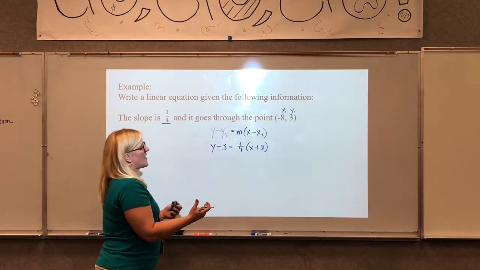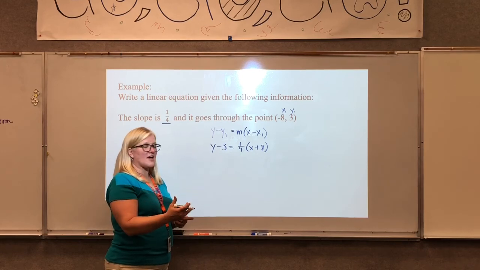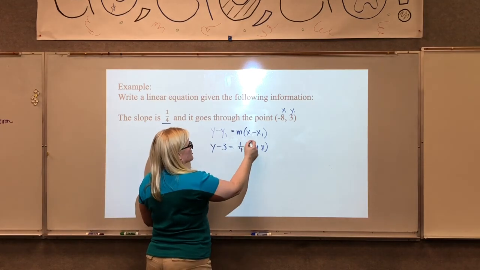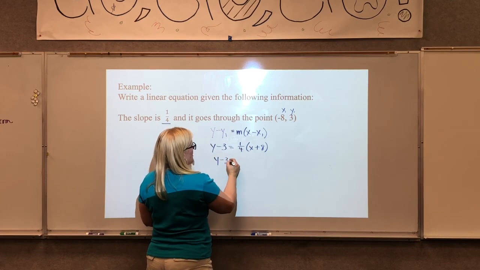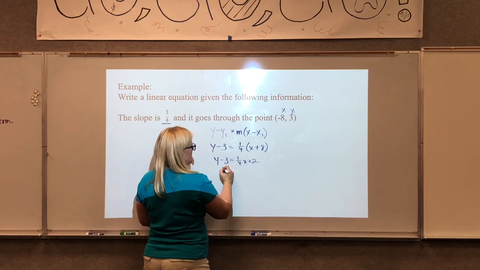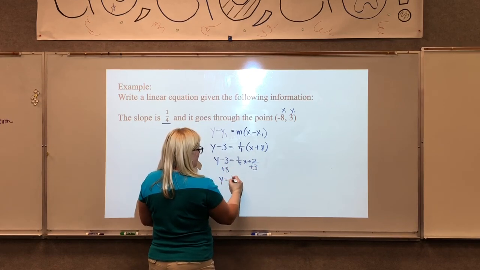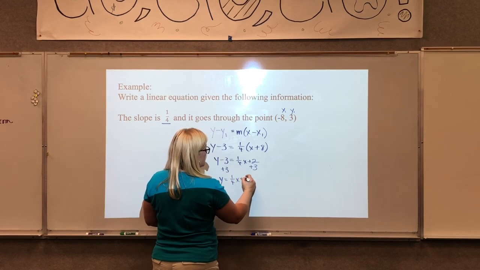We could leave it like this. Most of the time though, people still put it into slope-intercept form. To do that, we just distribute. So y minus 3 equals 1/4 x plus 2. And then I'm just going to add 3 to both sides. So y = 1/4 x + 5.